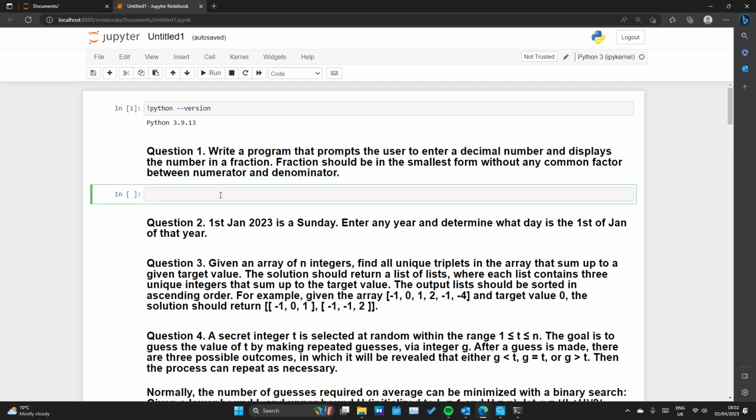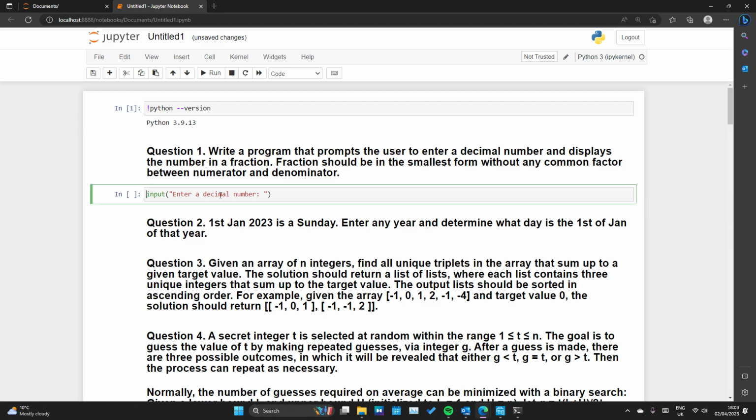And we know that in Python we have this keyword called input, and we can simply put a prompt here. So let's say the prompt says enter a decimal number, and the user will be able to enter a decimal number through the console. Now we want to save this number in a variable.